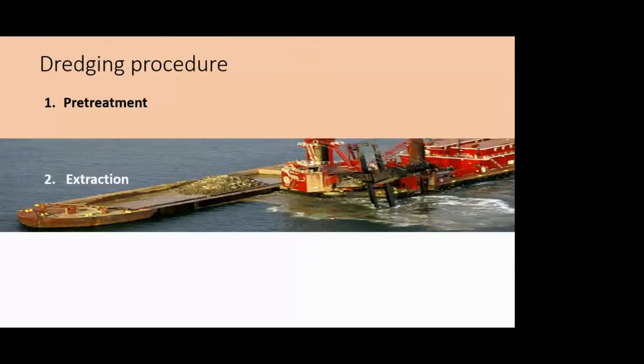So these are some of the applications of dredging. Now, coming to the process, what dredging actually involves. You can break it down into 3 small steps. The first step is called pre-treatment. We are going to see each step in detail; just to introduce you to the terms, I have shown this slide. First you have pre-treatment, then extraction. Extraction means, as you can guess from the name, that whatever material we need to transport or remove, that is the process of extraction.